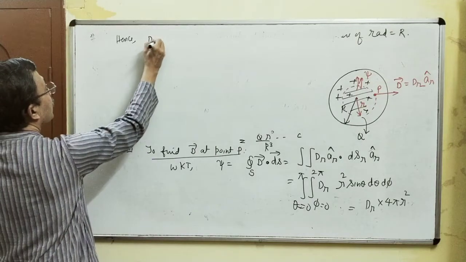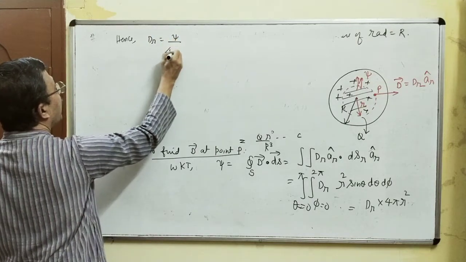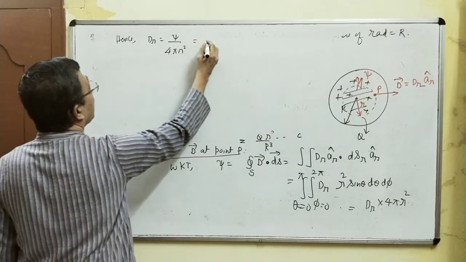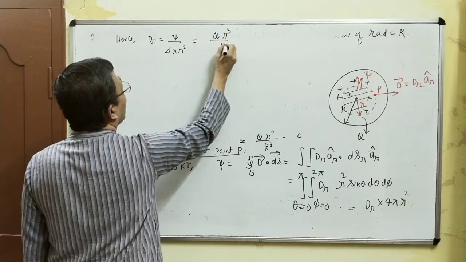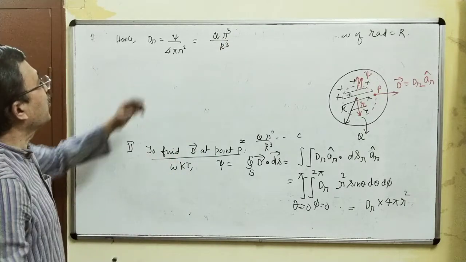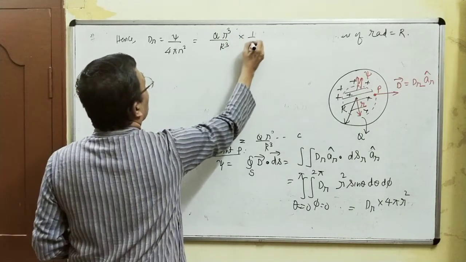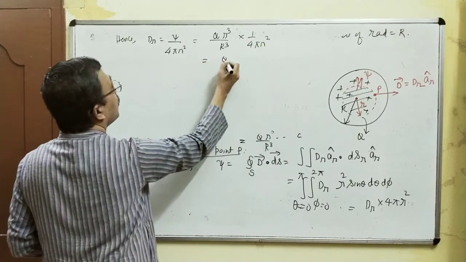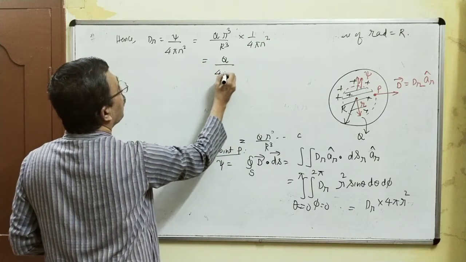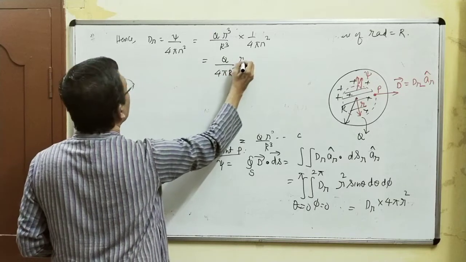Hence, Dr is equal to psi divided by 4 pi r square. What is psi from step number 1? Q into r cube divided by R cube is psi from step number 1, into 1 over 4 pi r square. This gives us Q divided by 4 pi R cube into r.